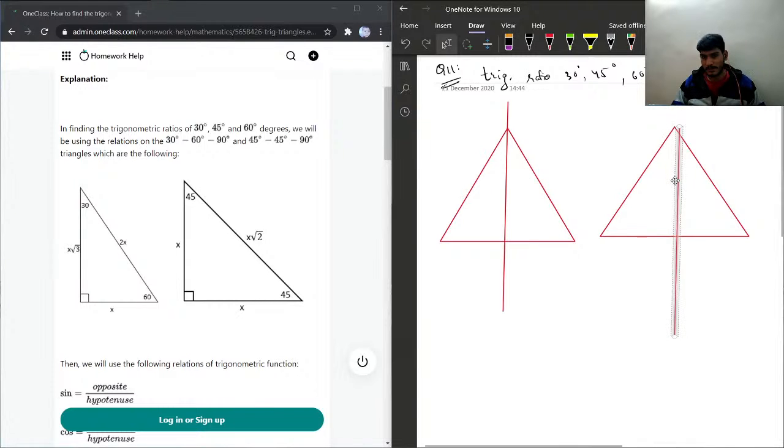Come on. We'll just take this part, so no problem.